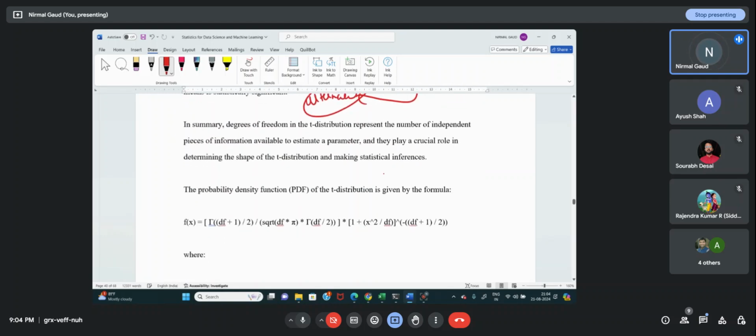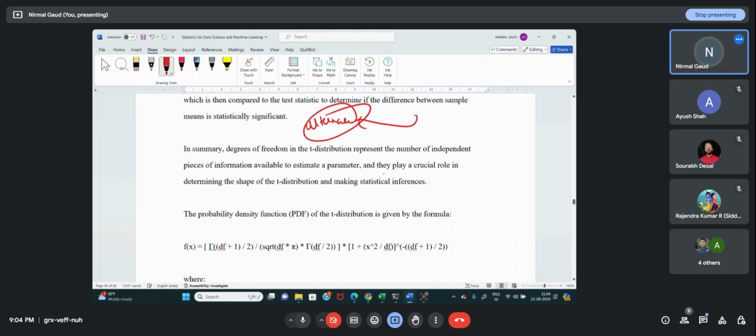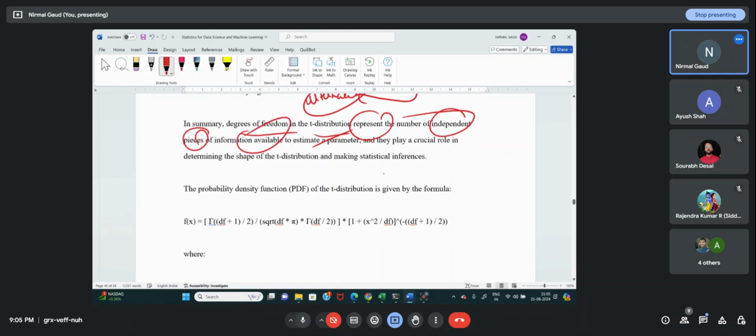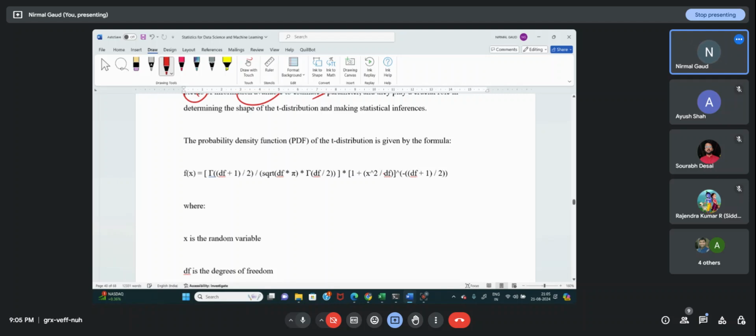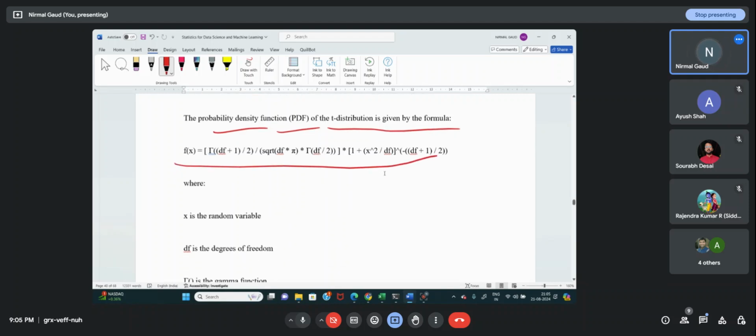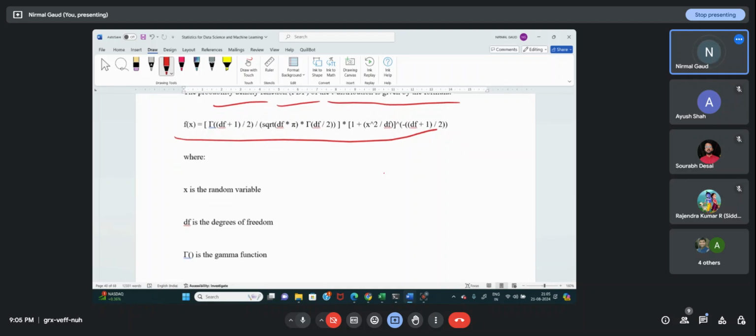Okay, so degree of freedom in the T distribution represents the number of independent pieces of information available. And this is the formula for your probability density function for T distribution we have already seen above. Okay, so df plus 1 by 2.